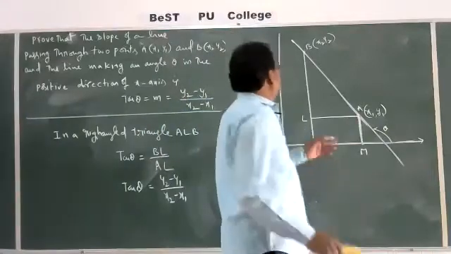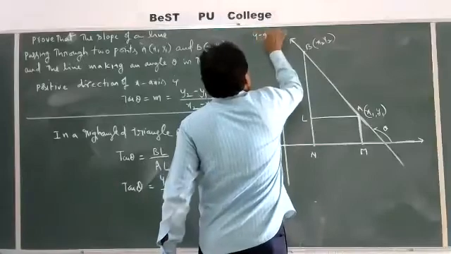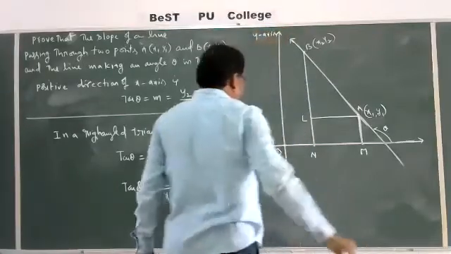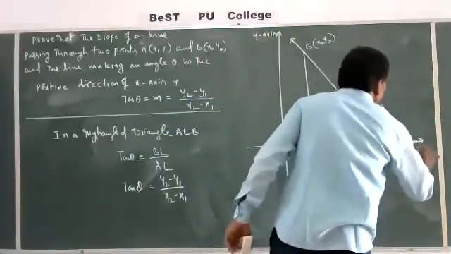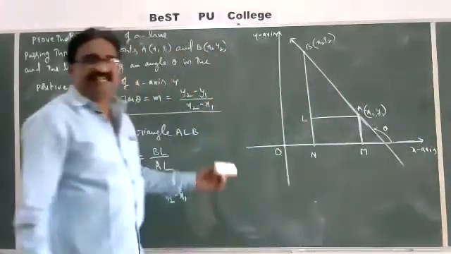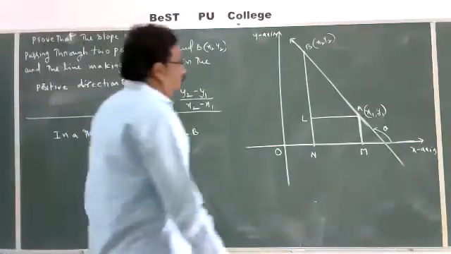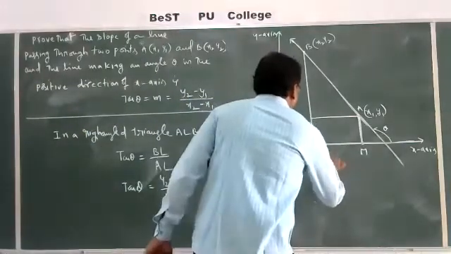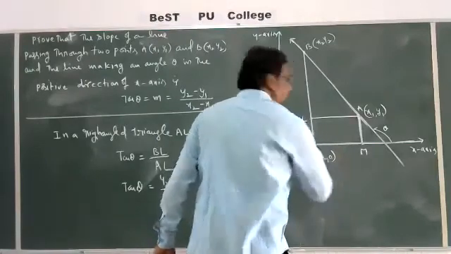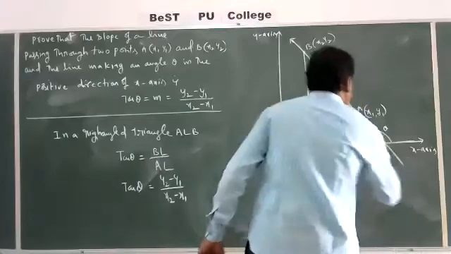In the previous figure, the angle is acute, that is less than 90 degrees. Here the angle is above 90 degrees. In this case also we prove the same formula. Here this point is x2 comma 0, and this point is x1 comma 0.